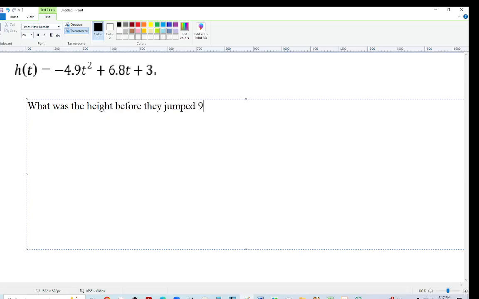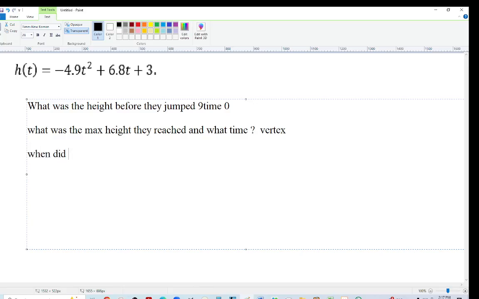And that's time 0. What was the max height they reached, and at what time? That's the vertex. When did they hit the water? That's the x-intercept that is in positive time.